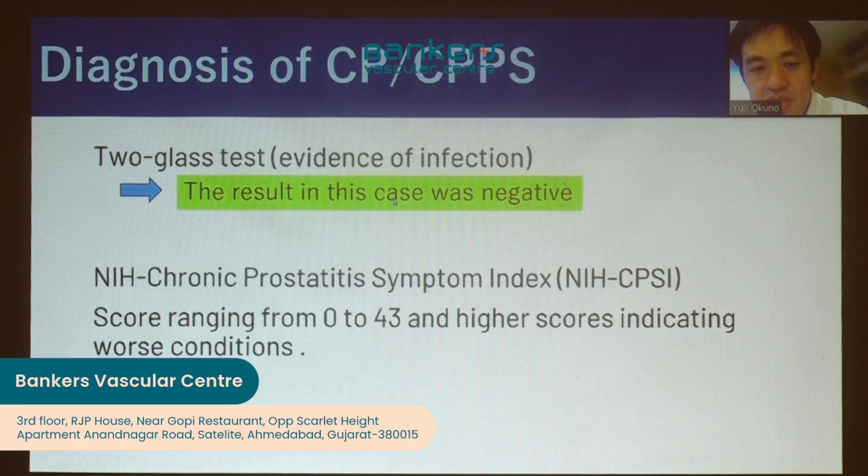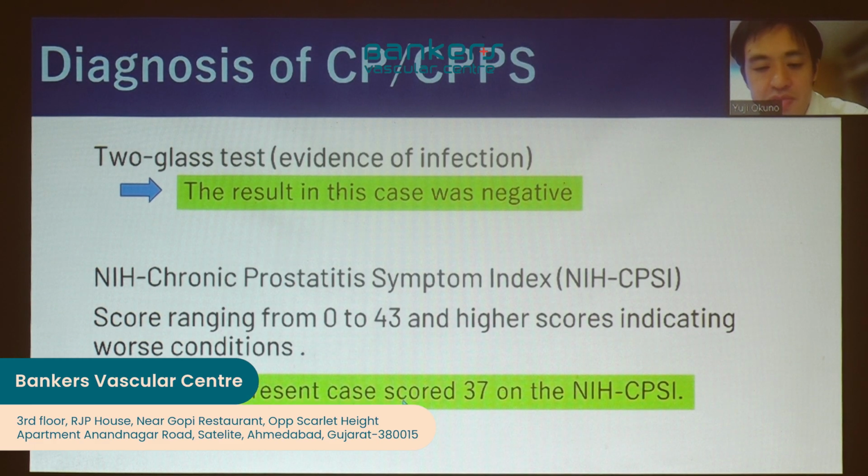The result in this case was negative, so he doesn't have an infection. And also the NIH score: the NIH CPSI is the chronic prostatitis symptom index, and higher than 15 is a diagnosis. The present case was 37.